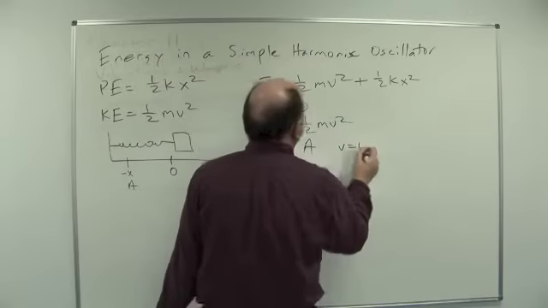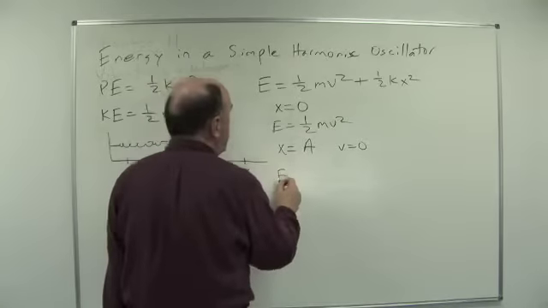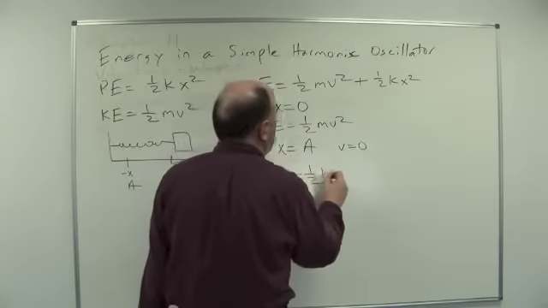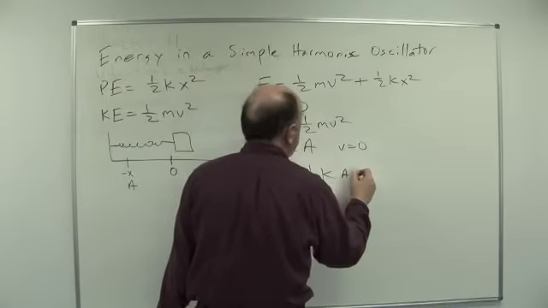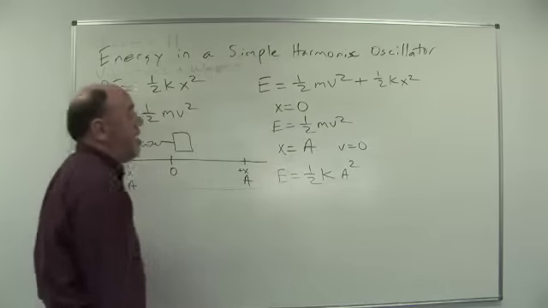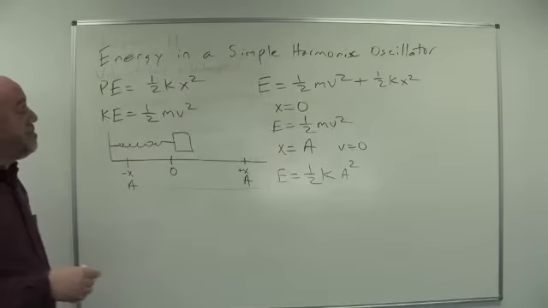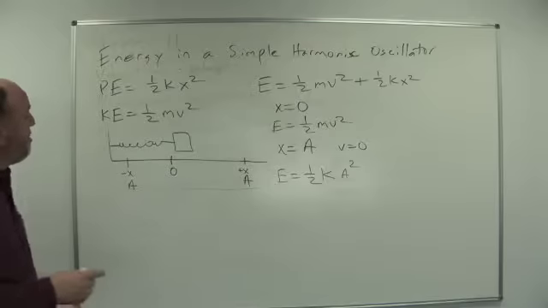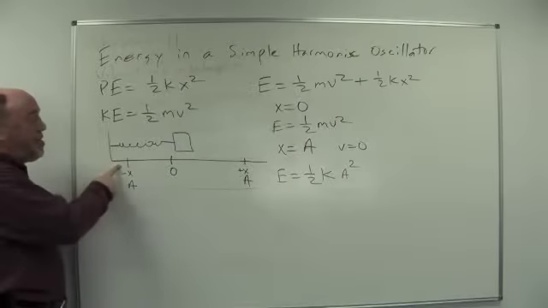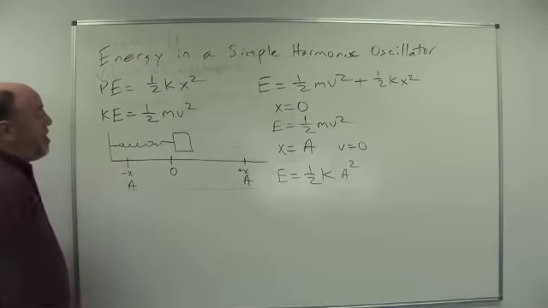So velocity will go to 0, and so now the energy will just be equal to 1/2 k times the amplitude squared. Right? And then the same thing would be true when my block is at this point. When we're at negative x, then we also get the same thing.